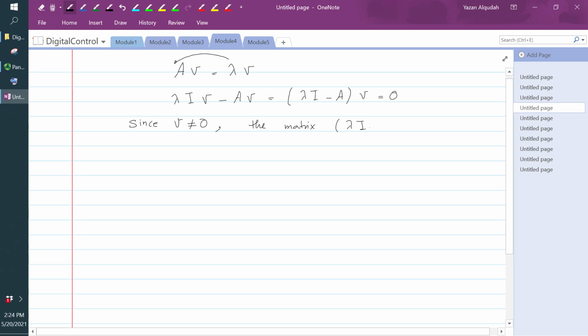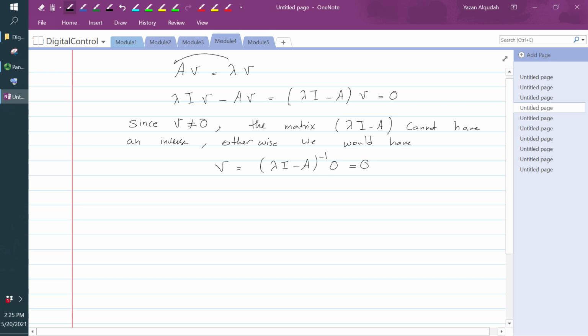If this had an inverse, I can multiply both sides by the inverse, and then V is going to equal lambda I minus A inverse multiplied by 0, and that is going to equal 0.